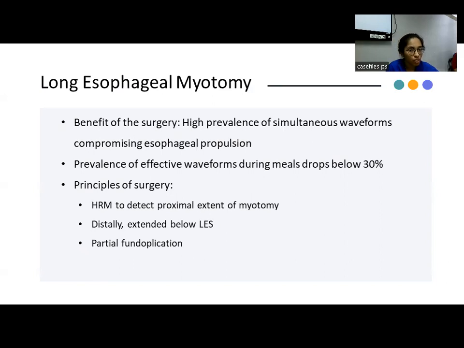A prevalence of effective waveforms during swallows dropping below 30% is an indication for the long esophageal myotomy. The principles of the surgery of esophageal myotomy include extending the incision of the myotomy distally below the level of the lower esophageal sphincter. Along with that, we have to do a partial fundoplication, and the proximal extent of the myotomy has to be confirmed with HRM before the surgery.